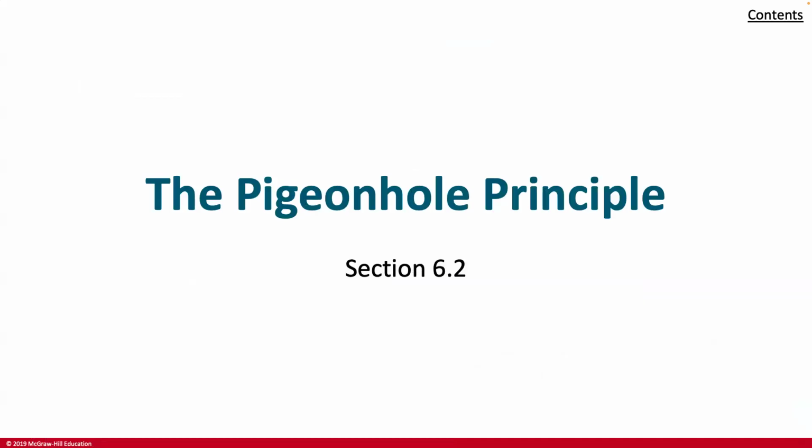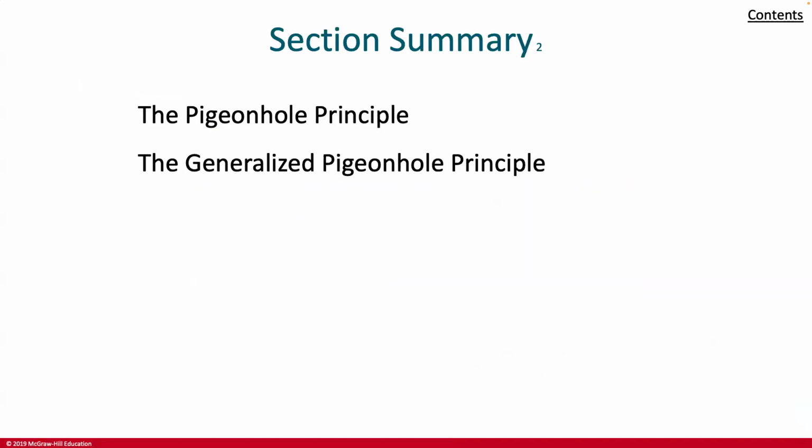Okay, next we briefly mentioned this, but now let's get into some details about the pigeonhole principle. Suppose that a flock of 20 pigeons flies to a set of 19 pigeonholes to roost. Because there are 20 pigeons but only 19 pigeonholes, at least one of these pigeonholes must have at least 2 pigeons in it.